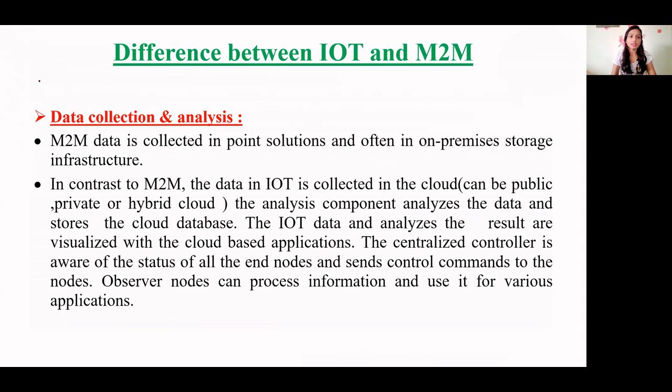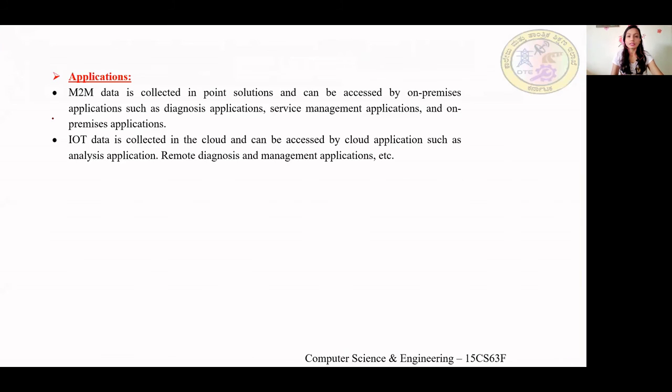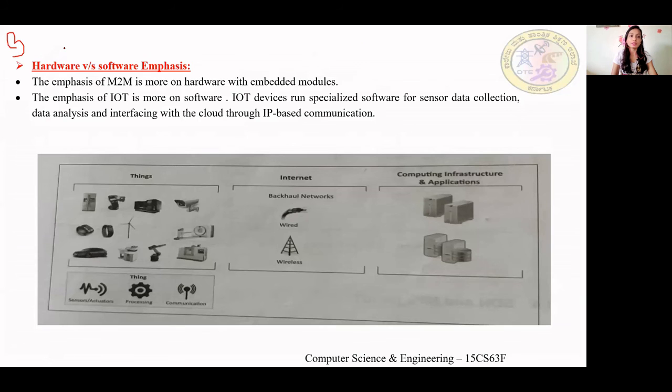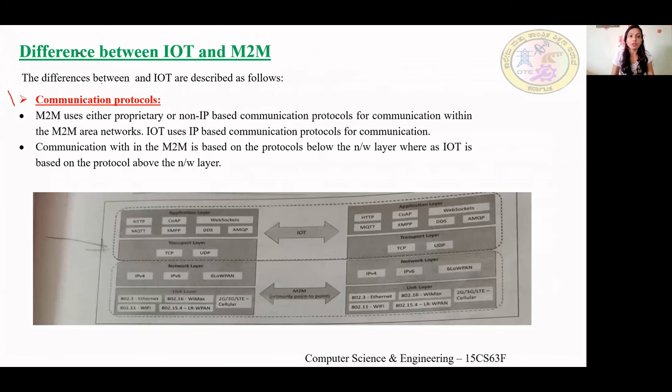And fourth is how data is collected and analyzed. These are the criteria based on which we are differentiating. Next, we are seeing how the applications are in M2M and IoT. Only this much we'll be seeing today. So let's see each of these in detail.